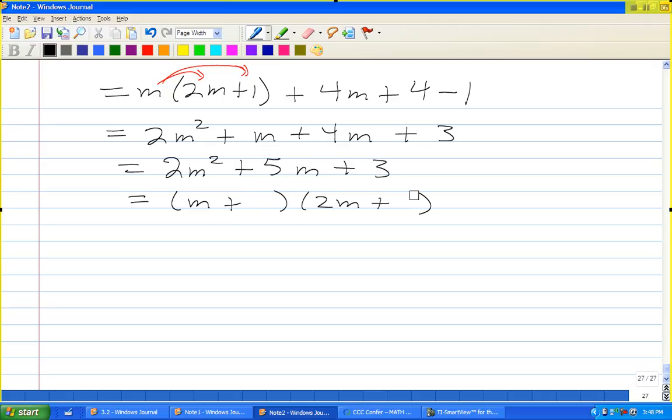Oops. Of course, I wrote it the wrong way now. So this is 2m squared plus 3m plus 2m is 5m plus 3. So now I can write this.